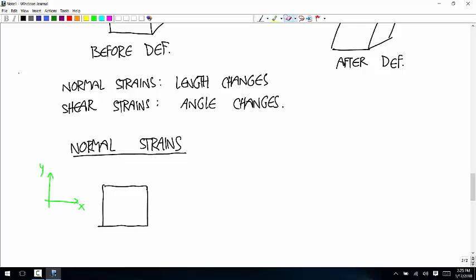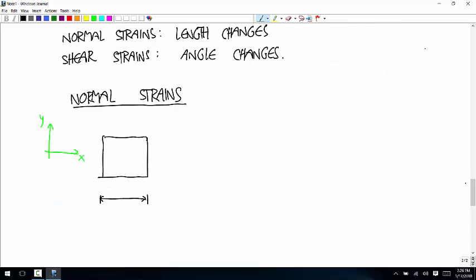And let's say that the initial lengths are, I guess, let's even say this is a rectangle. So I'm going to make these two side lengths different to start with. Let's call this capital L X. That's the length of the side parallel to X. And let's call this one capital L Y.